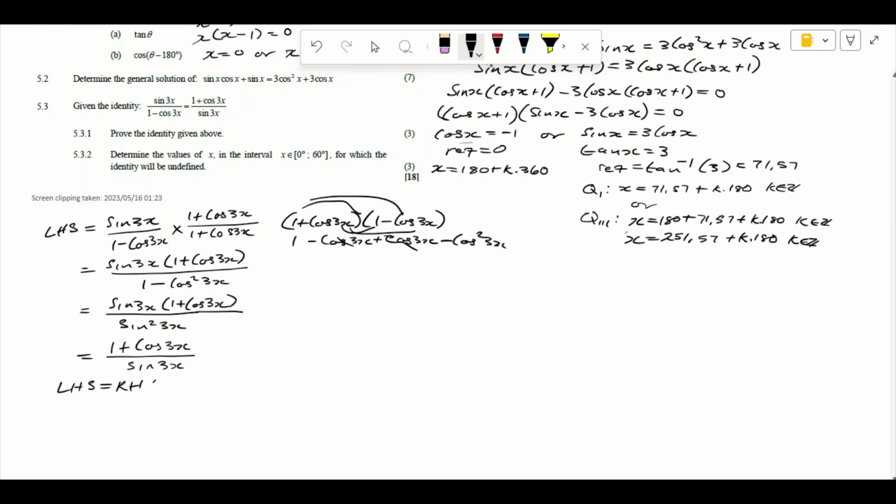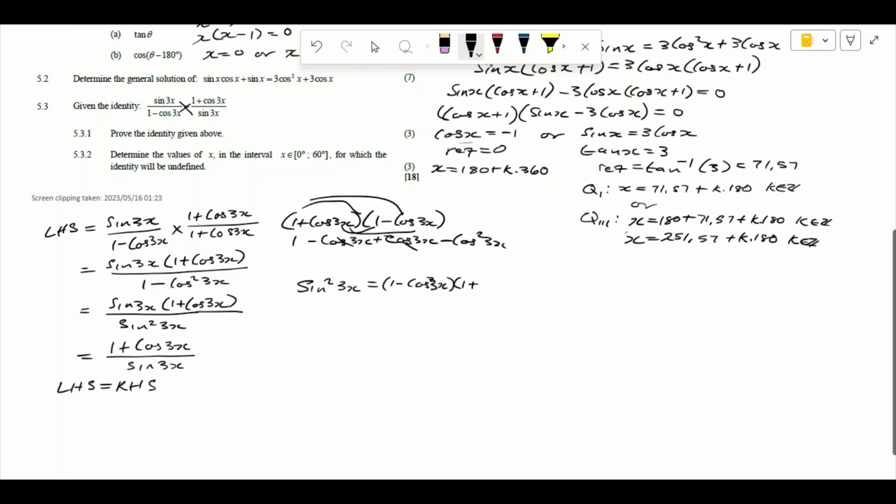Another thing that I want us to explore is something that I used to do in high school. I don't know whether this is correct. What I would usually do is cross multiply, meaning I'm simplifying both sides, and that would be sine squared 3x is equal to 1 minus cos 3x times 1 plus cos 3x.